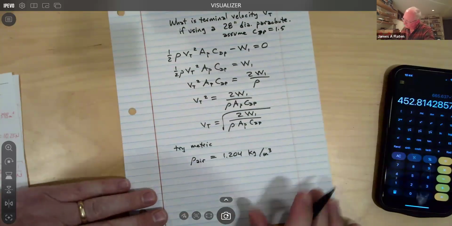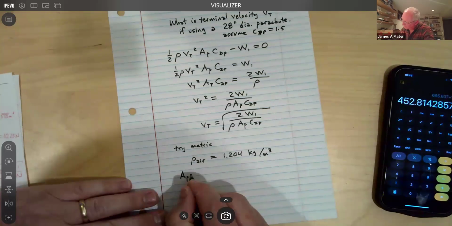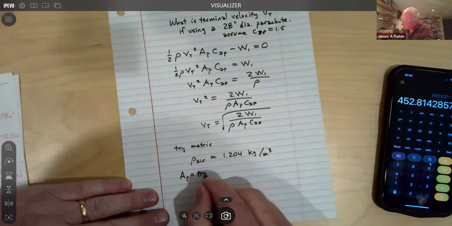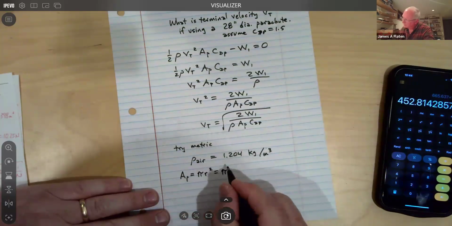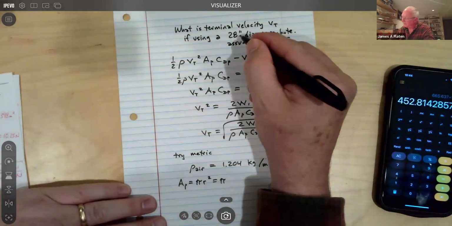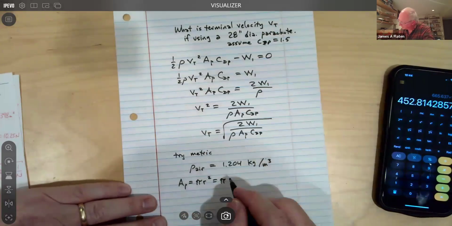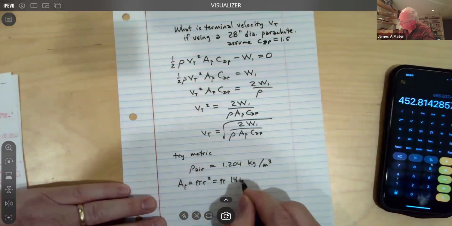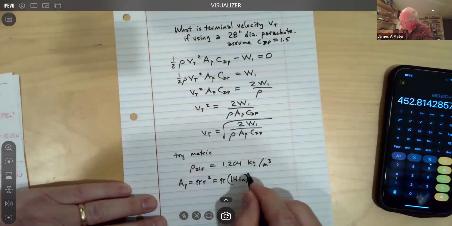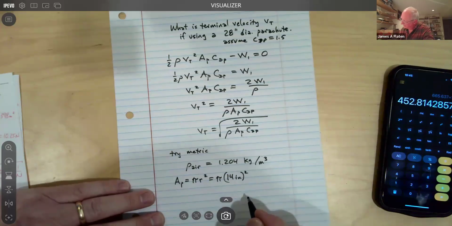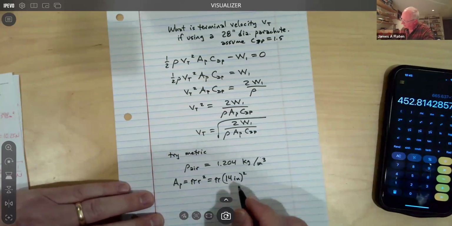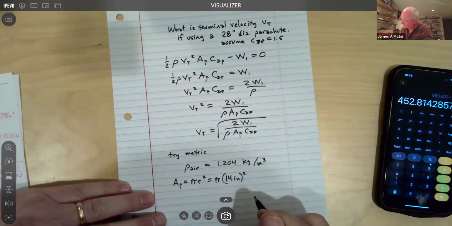The area of the parachute would be pi times r squared, which is pi times, if the diameter is 28, the radius would be 14 inches. And it would be handy if I knew a relationship between inches and meters or inches and centimeters or something like that.